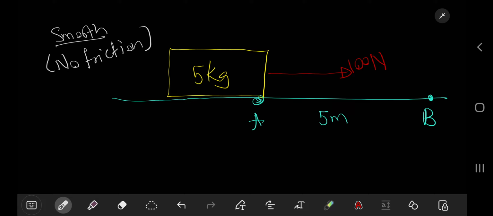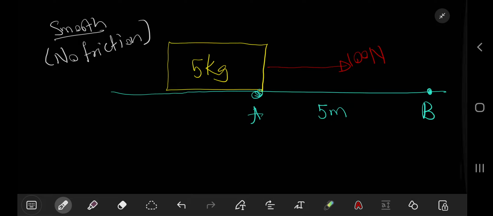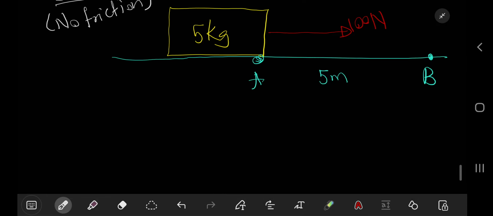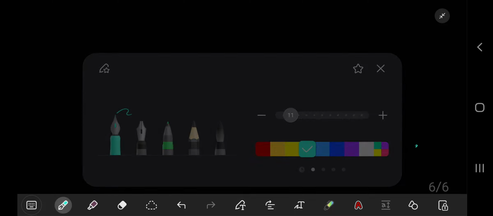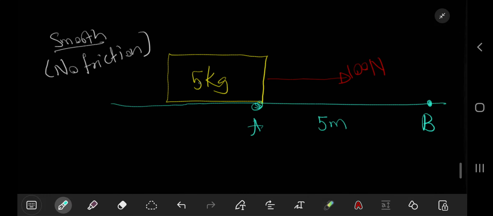Now we want to identify the forces that do work and the forces that do not do work, and we do that by using a free body diagram. The object has a mass, meaning it has gravitational force.